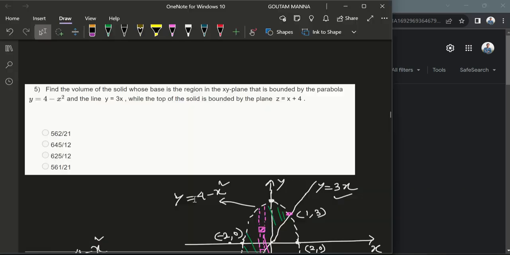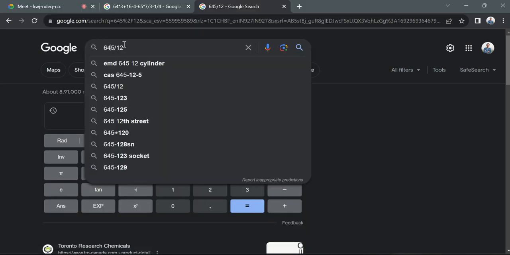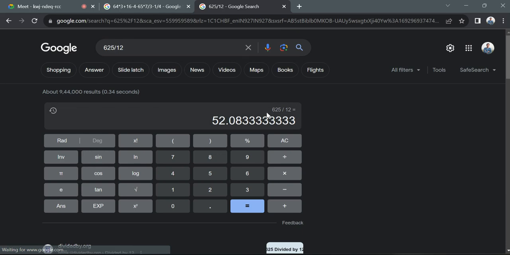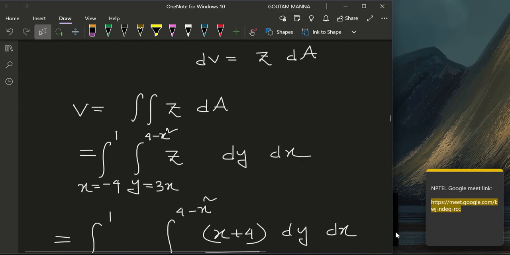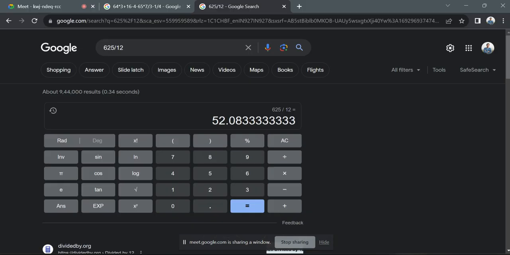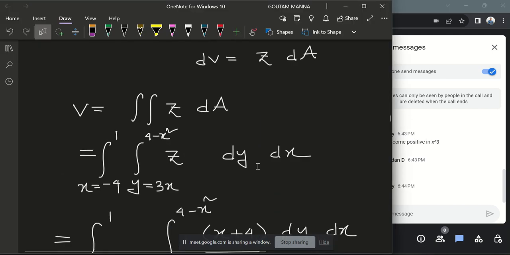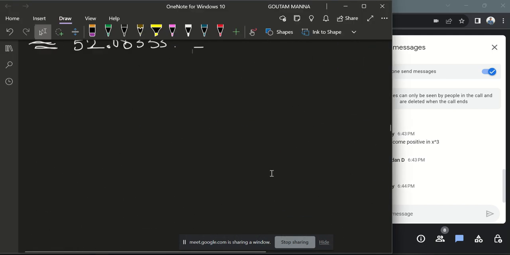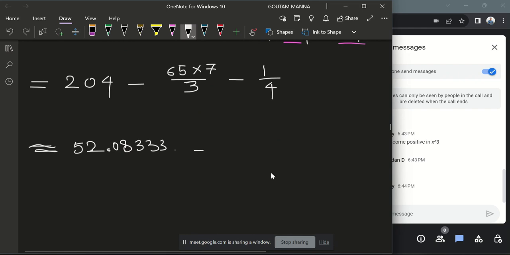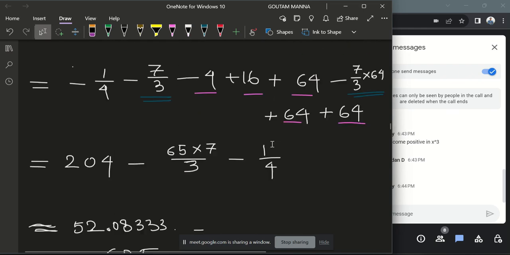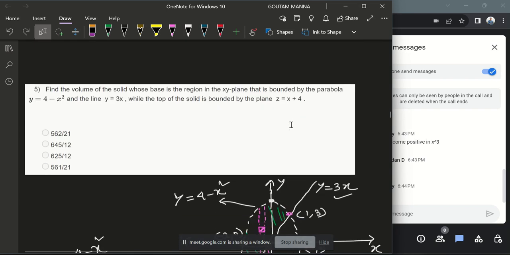It's not 625 by 12. 625 by 12. Yes, so 625 by 12. So if I write it as a fraction, it will be 625 by 12. So the third option is the correct one.